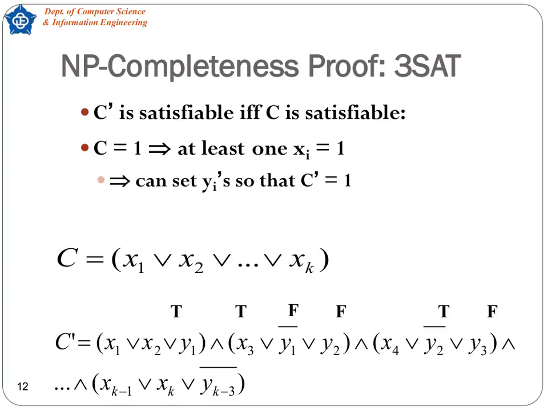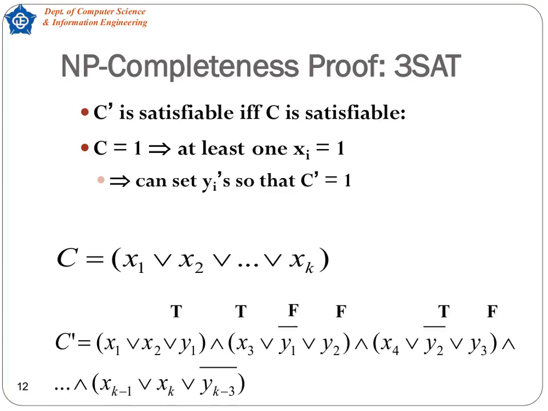We introduce fresh helper variables y1 through y(k-3) and form the conjunction so that every clause now has exactly 3 literals. Why does this preserve satisfiability? If the original clause C is satisfiable, at least one of the x's is true.